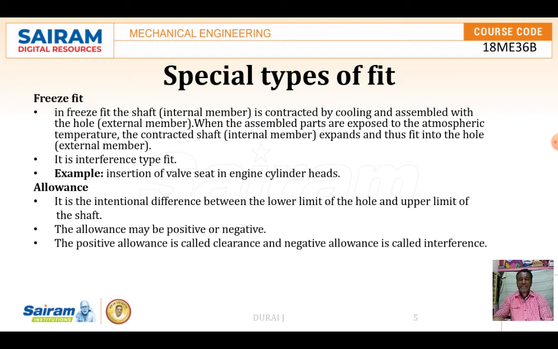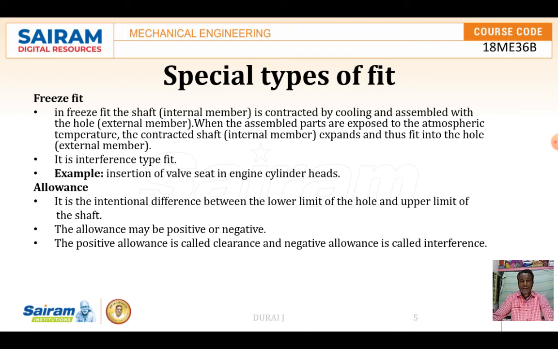Then freeze fit. Freeze fit means, if you are going to assemble the hole and shaft pair, at that time we cool the shaft. Due to the cooling, contraction takes place, so the diameter is slightly reduced. After that we make the assembly.